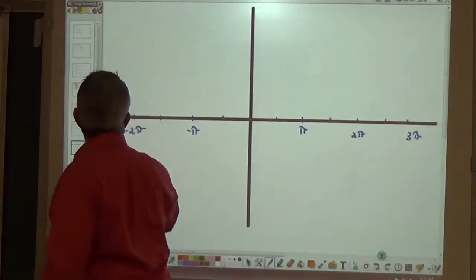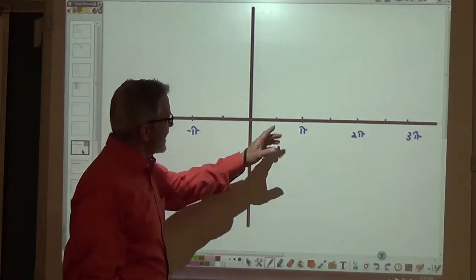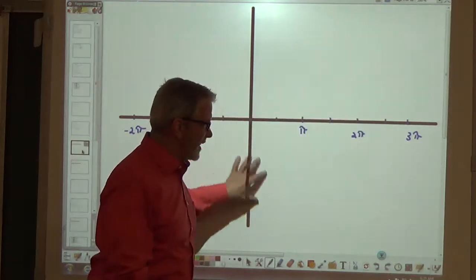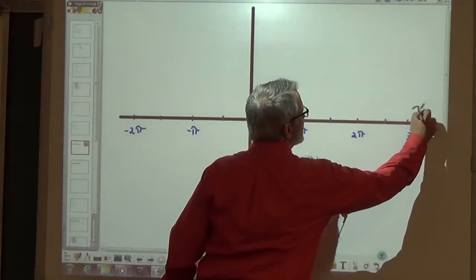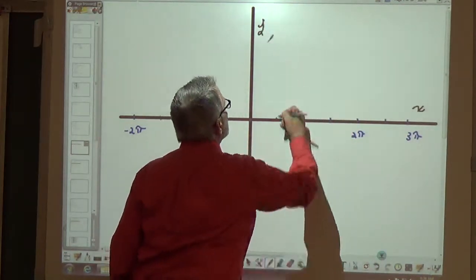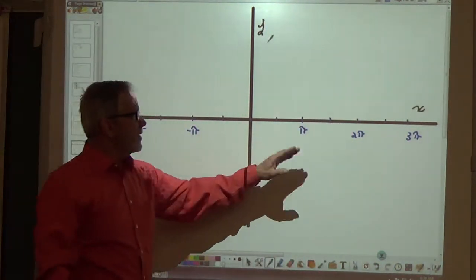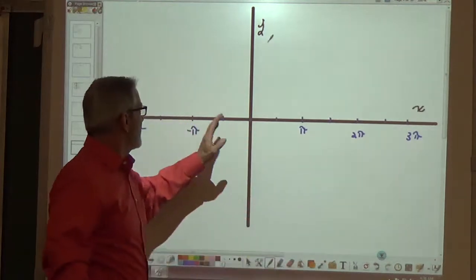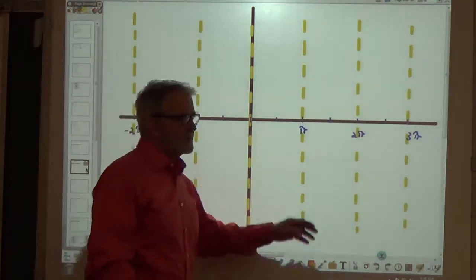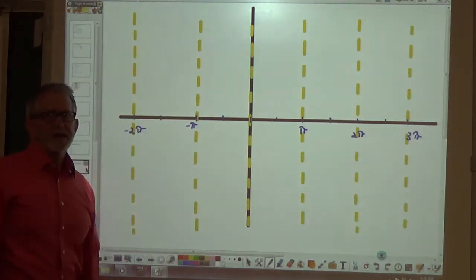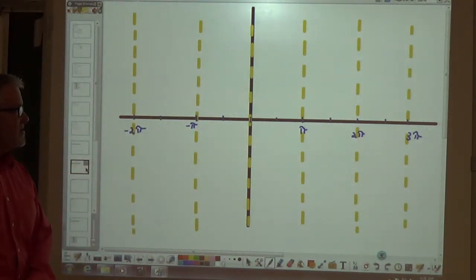Let's look at those. I have an xy plane, and we're going to graph it on the xy plane. Wherever I have 0, pi, 2 pi, 3 pi, negative 2 pi, I'm going to have vertical asymptotes. I have those sketched there in dashed yellow lines.